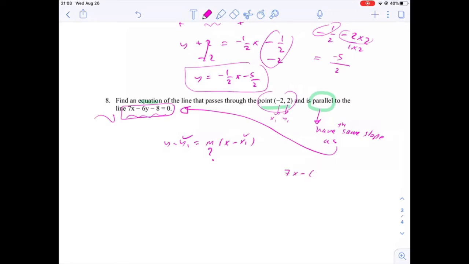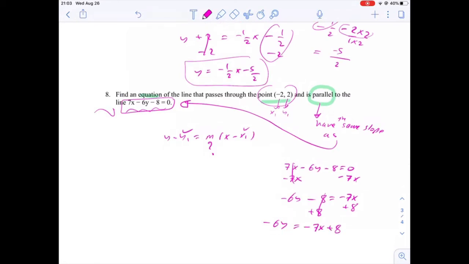So we have 7x minus 6y minus 8 equals 0, and then we subtract 7x, we get -6y minus 8 equals -7x, and then we get rid of the 8 on the left hand side, we add 8 to both sides, we get -6y equals -7x plus 8, and then we divide by the coefficient of y, so we divide each term by -6 to get y equals 7/6 x, because negative over negative is positive, and positive over negative is negative, 8/6.